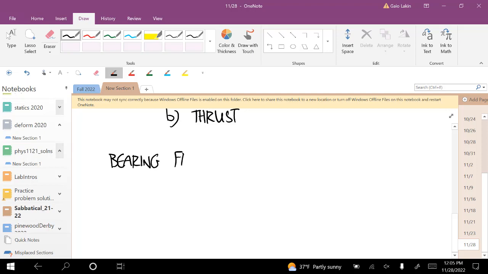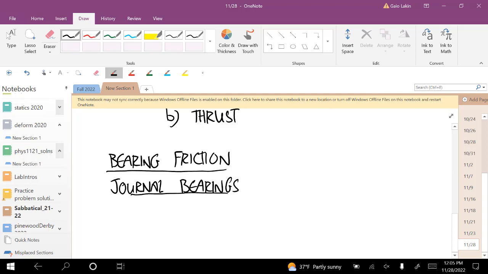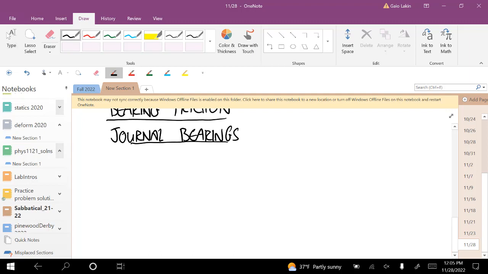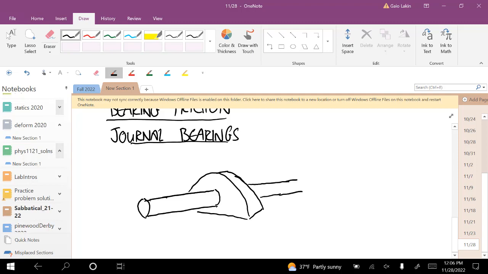Okay, so bearing friction. And we'll start with journal bearings. And journal bearings are bearings like axles.